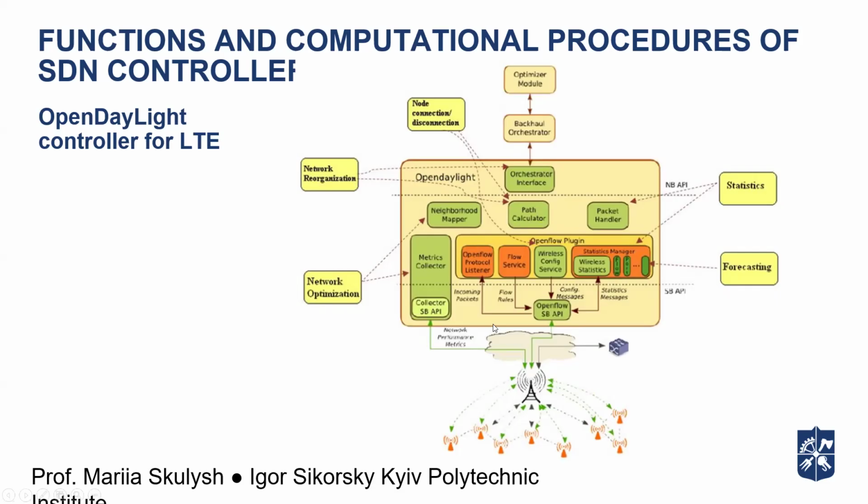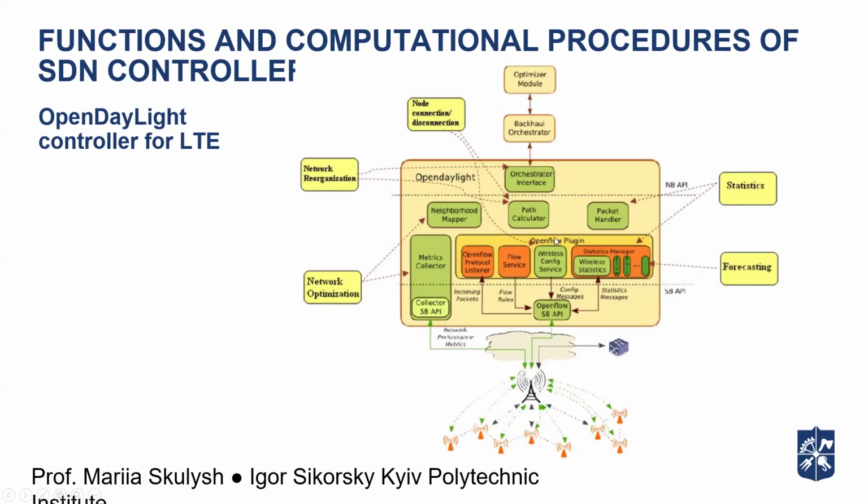What we can see here is the southbound API, where the OpenFlow protocol is used. This southbound API is an interface with the control plane of the controller. So what information is present on this interface?